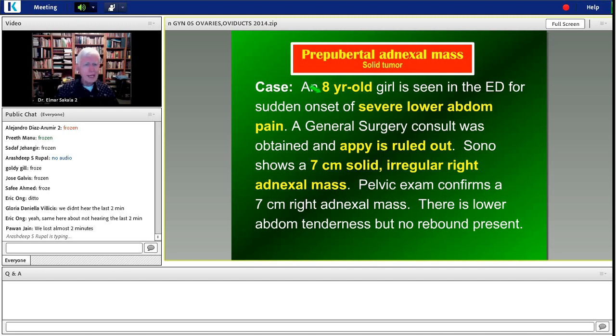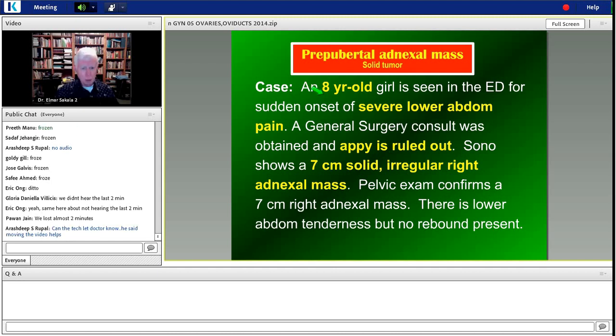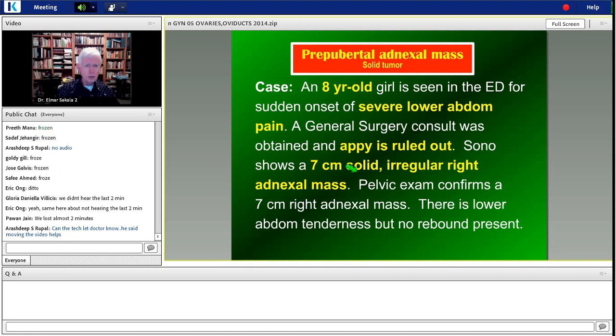So we have an 8-year-old. The average age of puberty is going to be older than that. This is a prepubertal girl. If you're going to have a pelvic mass which is benign, would you rather have a solid or a cystic? Cystic. Would you rather have an irregular or smooth?